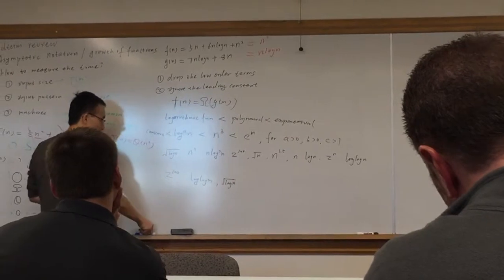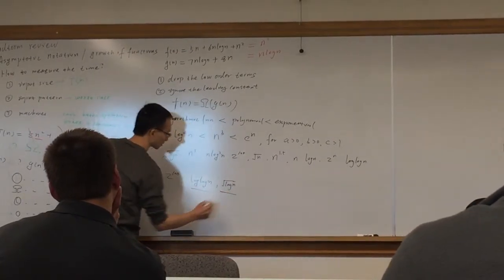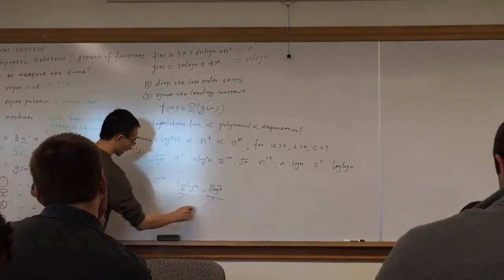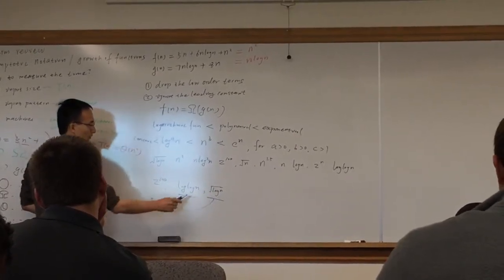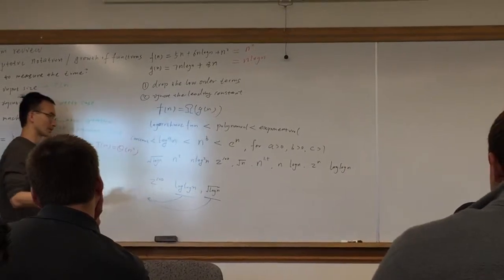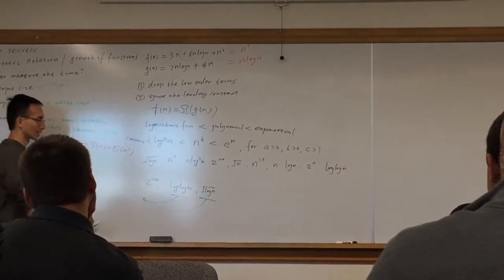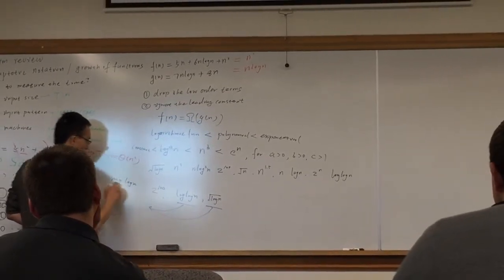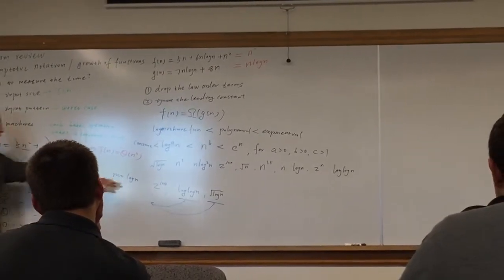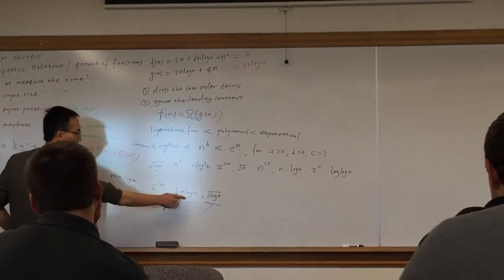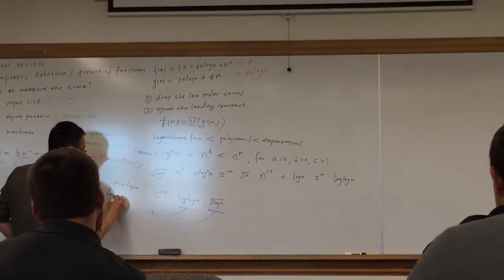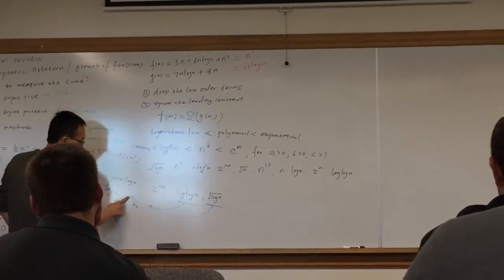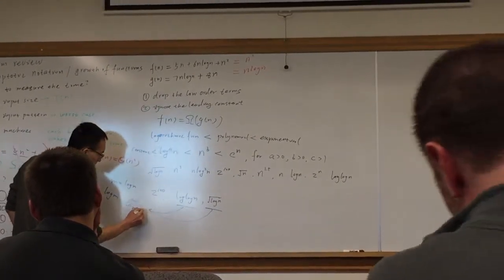If you have difficulty knowing which one is bigger, use the following way to answer. If I want to compare these two, because I have log of log, it's not quite clear. So I will replace log n by another variable m. Suppose log n is equal to m. Therefore this one is log m, and this one is square root of m. A square root of m is m to the 1 over 2.